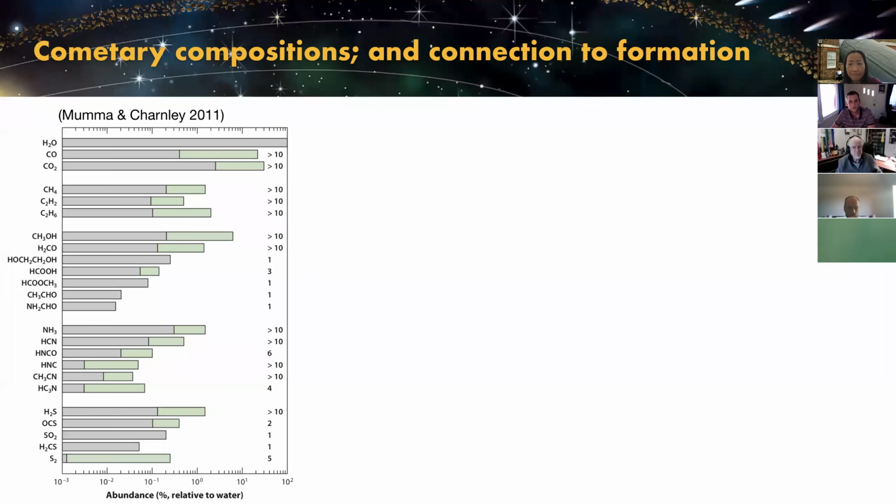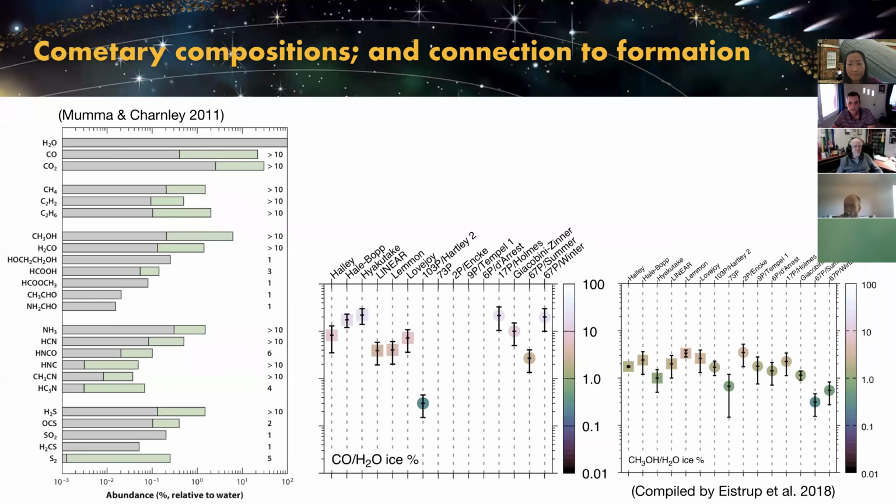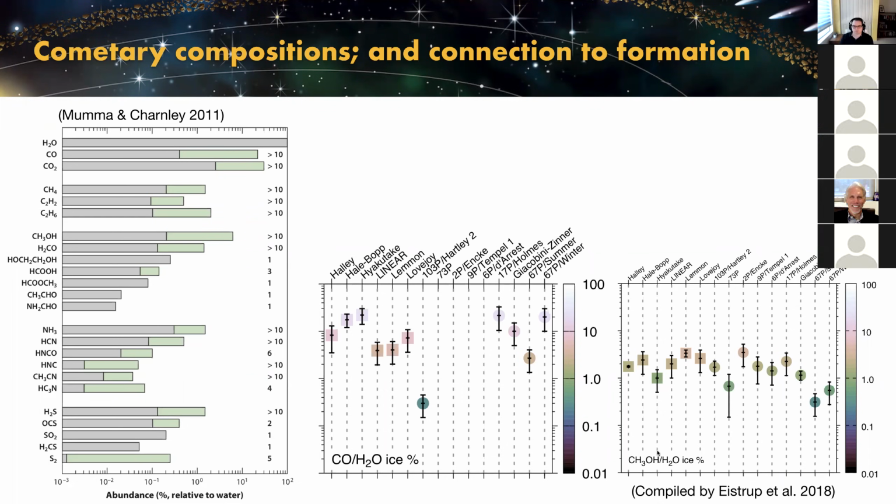So for comets, I don't want to spend a lot of time on comets, but typically they have maybe 10% CO relative to water ice, and 1% of methanol and other species.